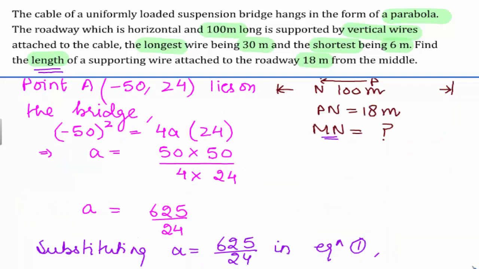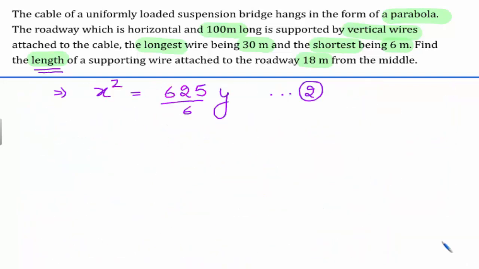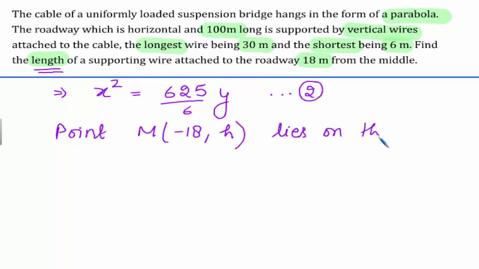Therefore, point M with x coordinate minus 18 and y coordinate h lie on the bridge. So that means it will satisfy equation number 2.